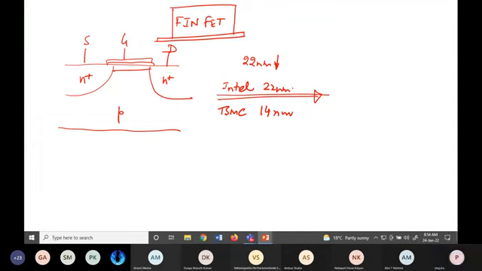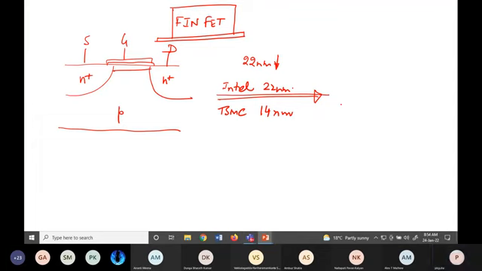Now, this FinFET, let me try to draw this. My drawing is horrible, but let me try so that you get a better picture of how it looks.